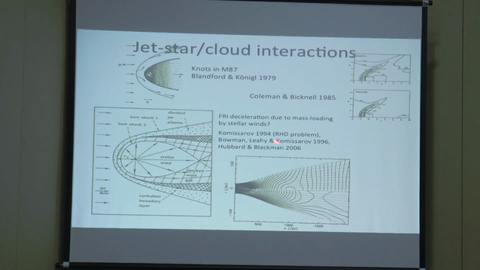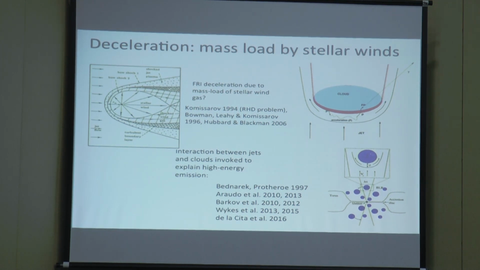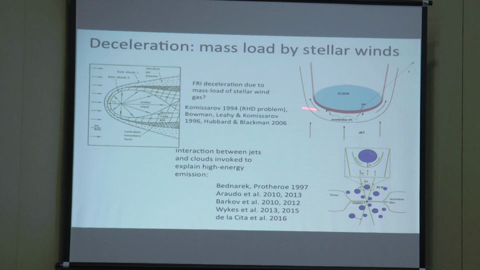Then Bowman, Leahy, and Komissarov developed stationary steady-state solutions for mass-loaded jets and showed that these jets, of very low power though, could be decelerated by mass entrainment. In addition, this scenario has been claimed by a number of authors to be a possible source of high-energy radiation. It's an interesting way to add protons into the jet and accelerate them, or a number of them.